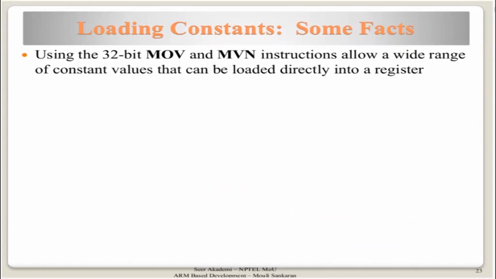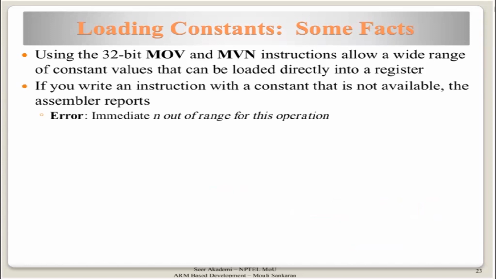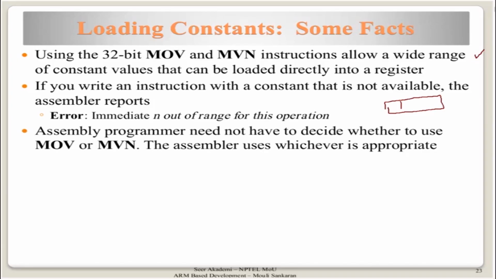Moving on to loading constants. You remember we could load some constant value into some register. I told you that a 32-bit value cannot be moved because of the instruction restriction, but you could use MOV or MVN for this. If you recall, I mentioned some instructions where the constant value can be rotated by some bits, and then those reserved values can be used.